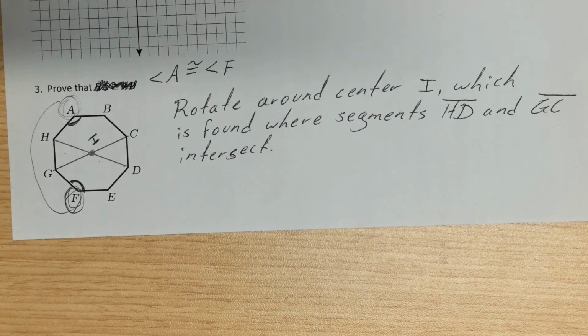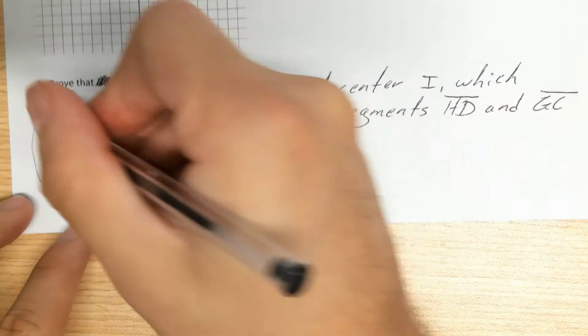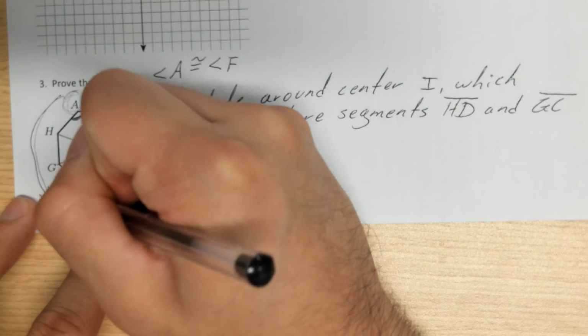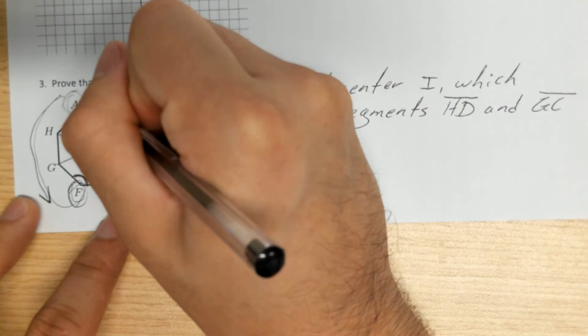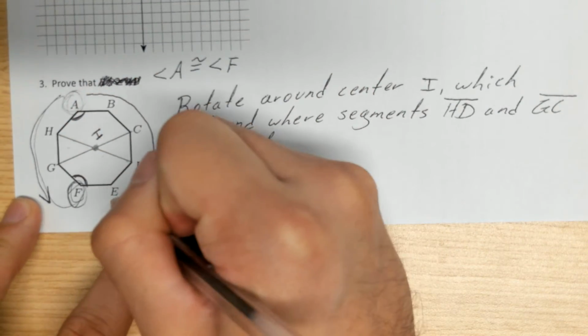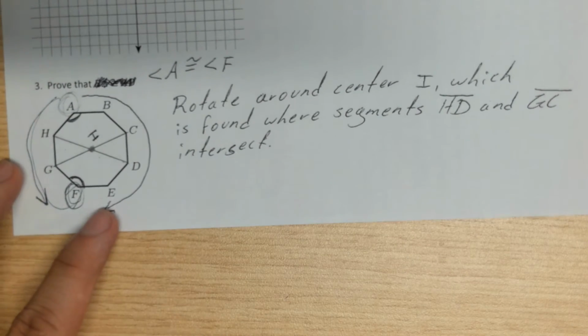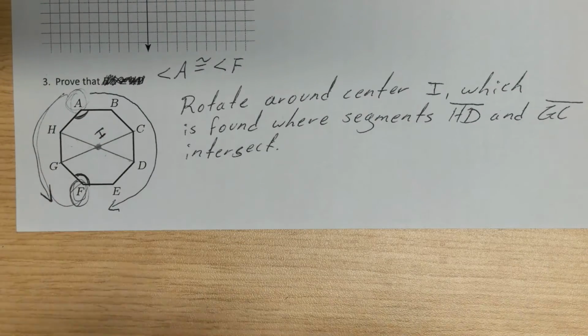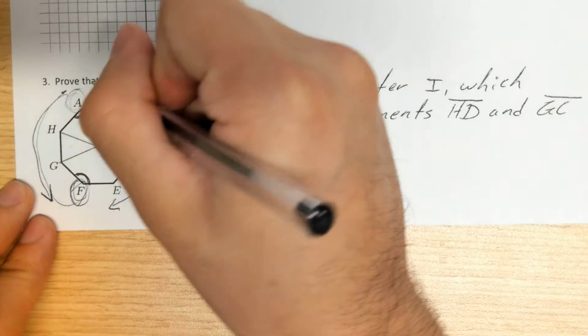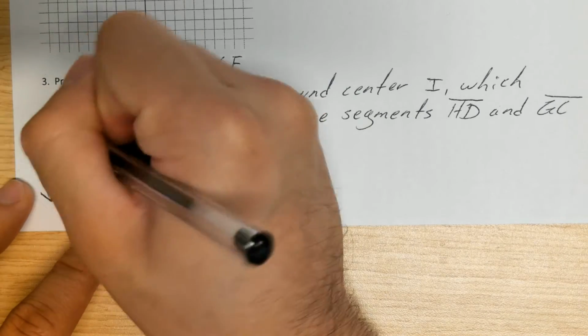Well, how many degrees? And what direction am I going? I can go counterclockwise. I can also go clockwise. Okay? Choose one. It doesn't matter which one. But you gotta tell me how many degrees you're rotating. Okay, so I'm gonna choose counterclockwise because it's shorter.